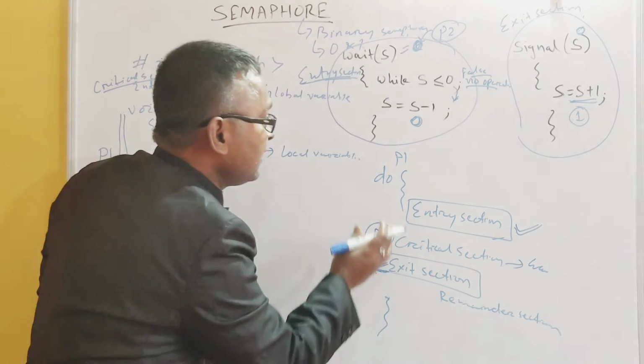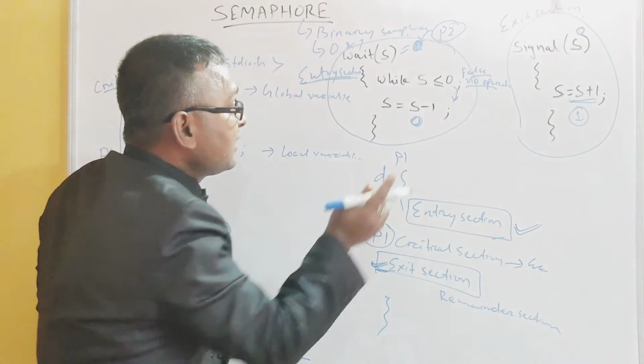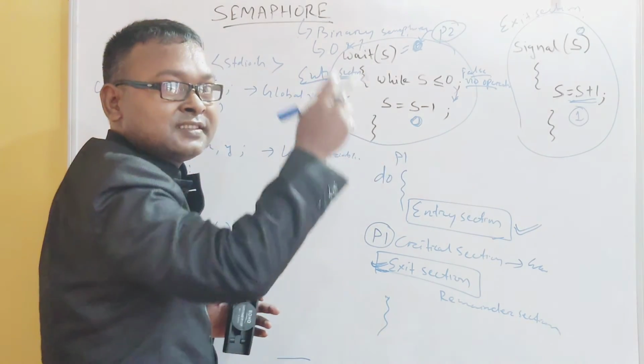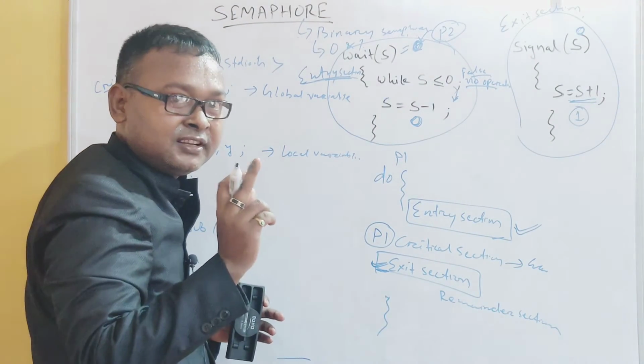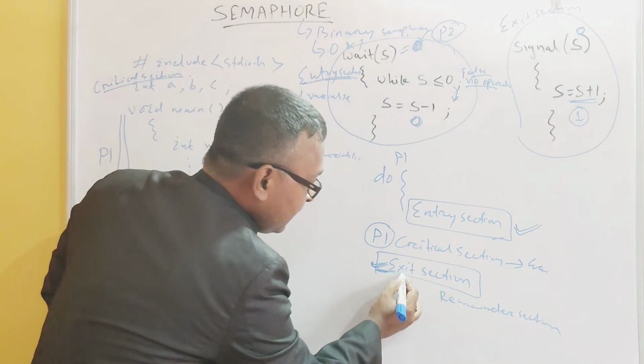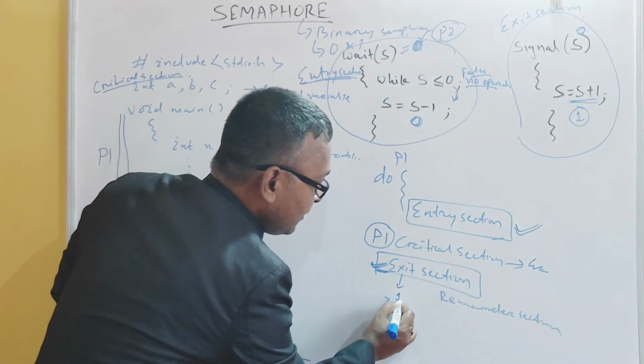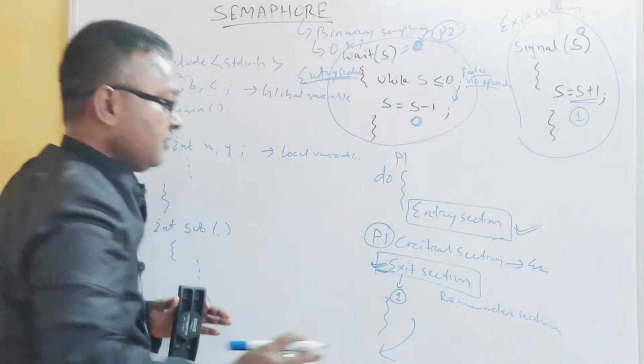Understood? After incrementing, try to understand, semaphore value becoming 1 means another process can enter. Understanding or not? So it is incrementing the semaphore value to 1 and exiting out.